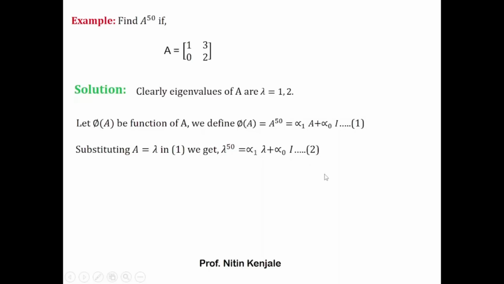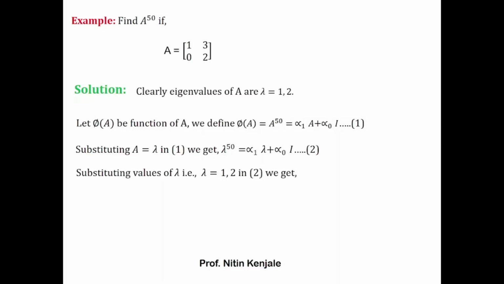Now we will substitute values of lambda. Here lambda takes values 1 and 2. So when we substitute lambda is equal to 1, this equation will become 1 raised to 50 is equal to alpha 1 into 1 plus alpha naught into 1, because eigenvalues of identity matrix are always 1.